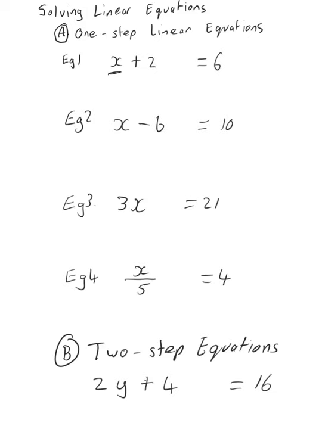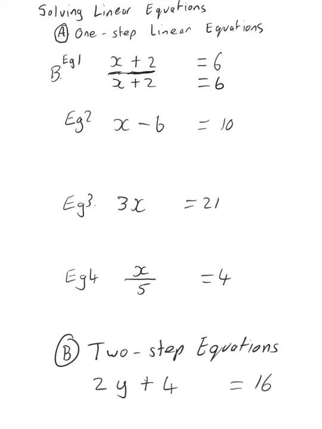Okay, so the way we do this is we perform the inverse of any operations being done to the pronumeral. So in this case, what's being done to the x is that it's having 2 added to it. So I'll just write this out again here. And we perform on both sides.